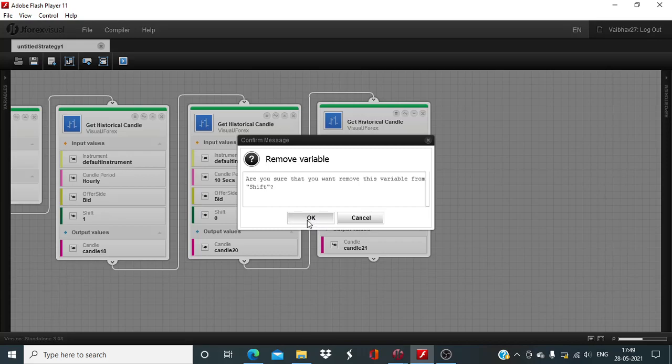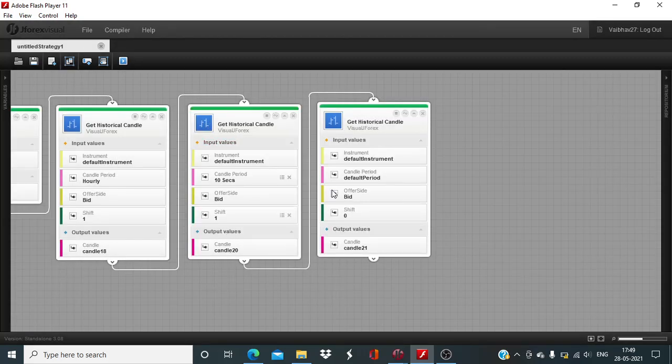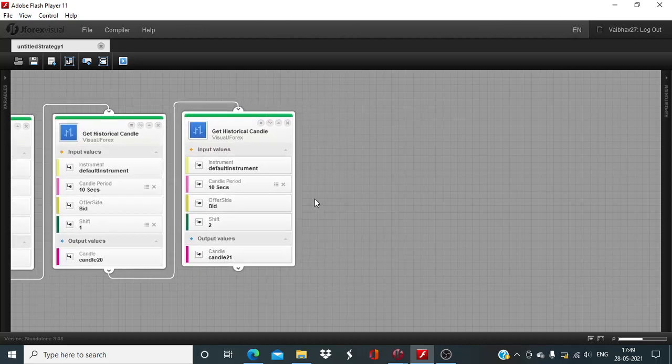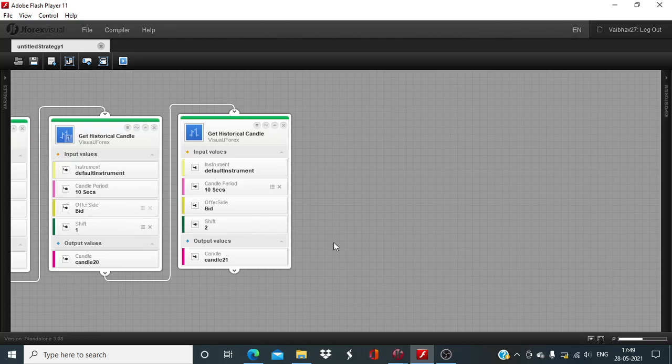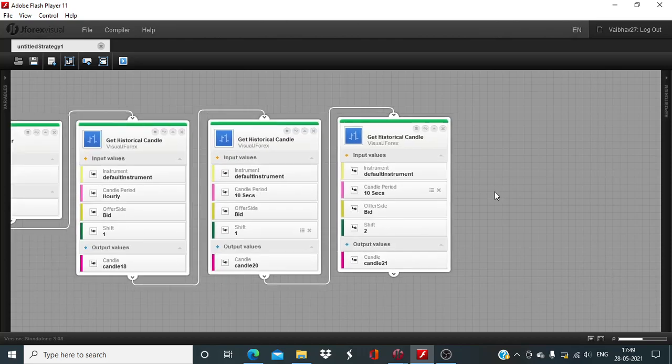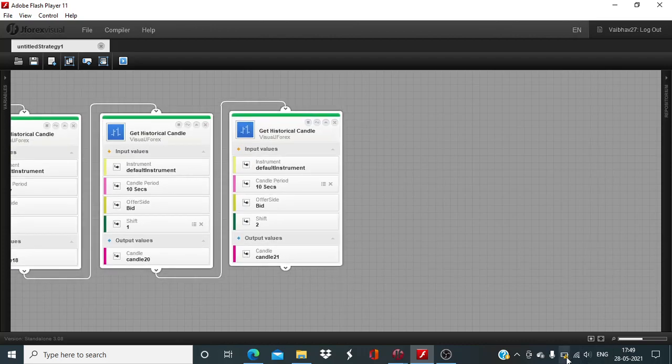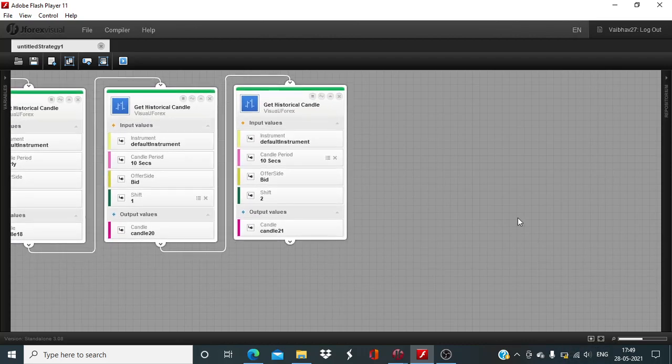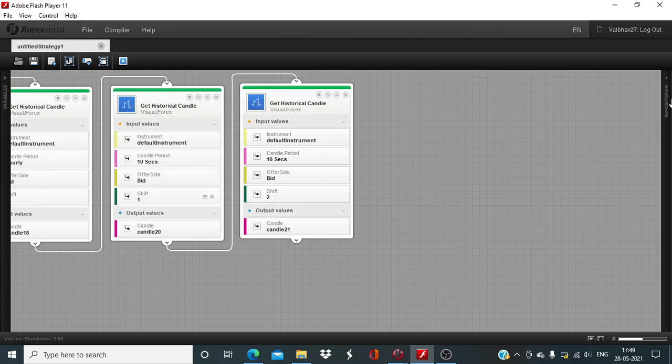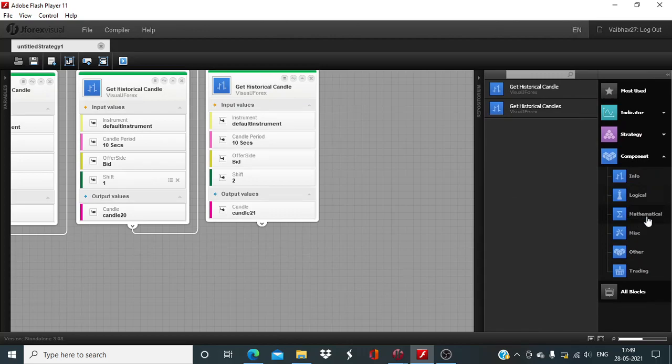Shift value of 1 and 2. And after this, we will also need to get in the mathematical blocks, calculation expression.